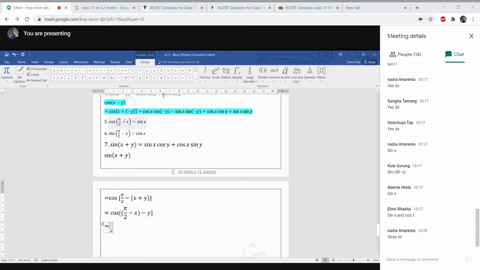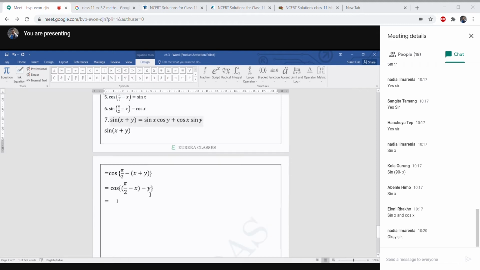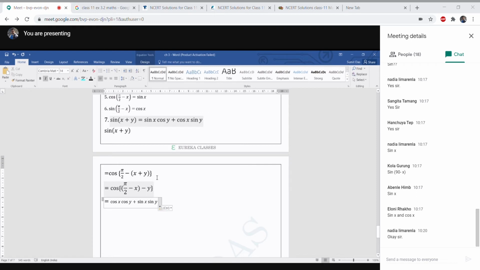So if you use the formula cos(x minus y), instead of x we replace it with this value, and y stays as y.